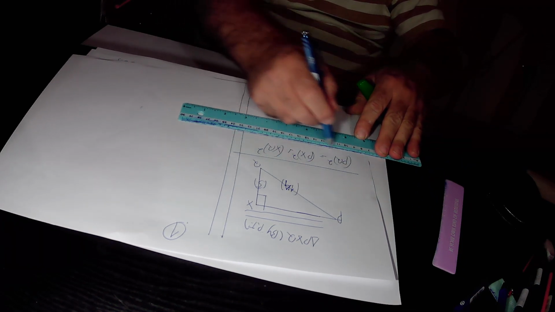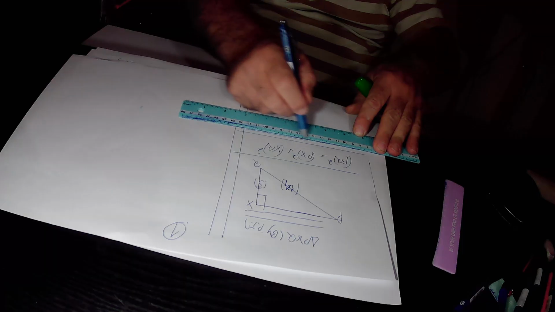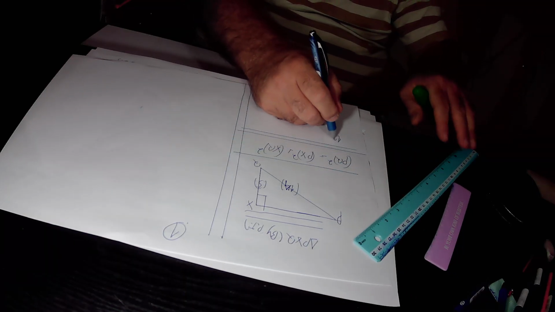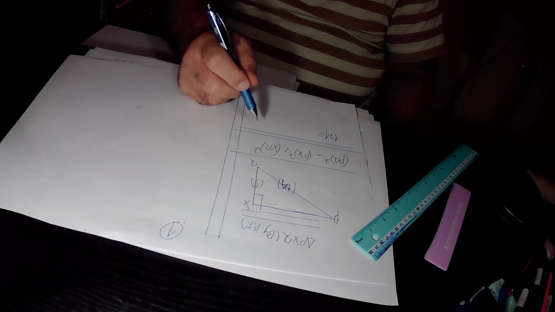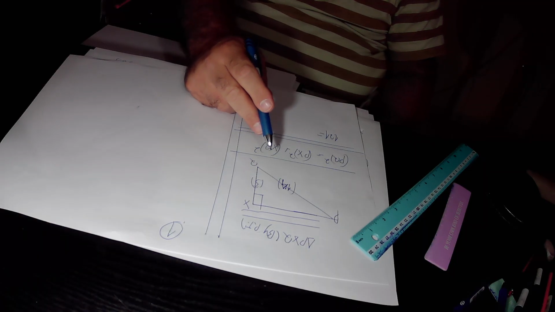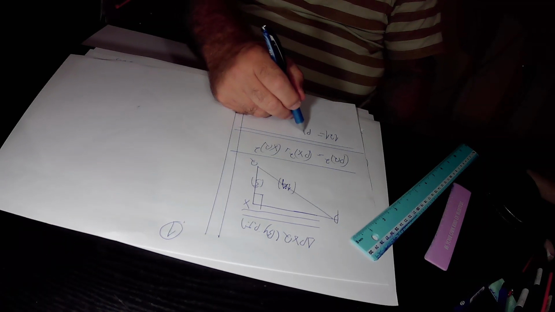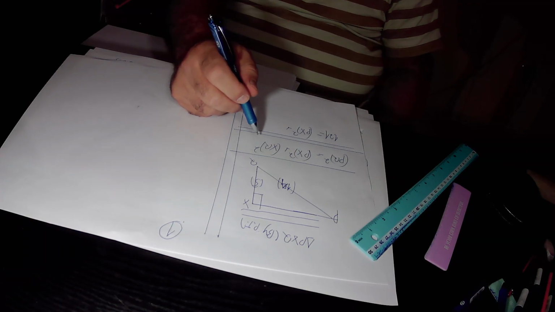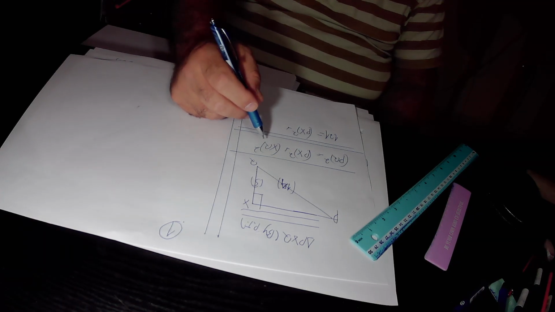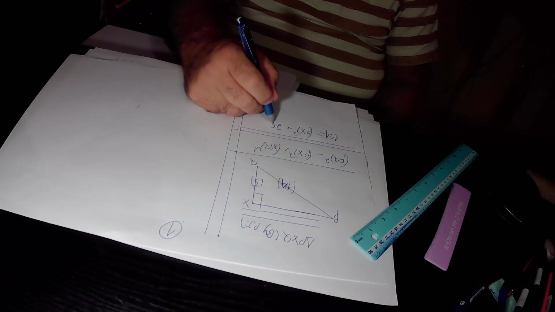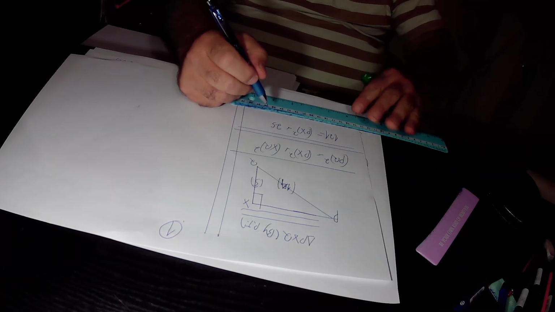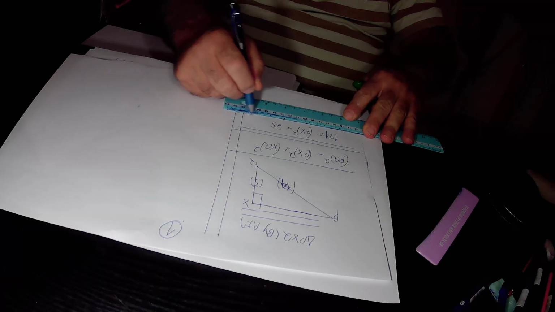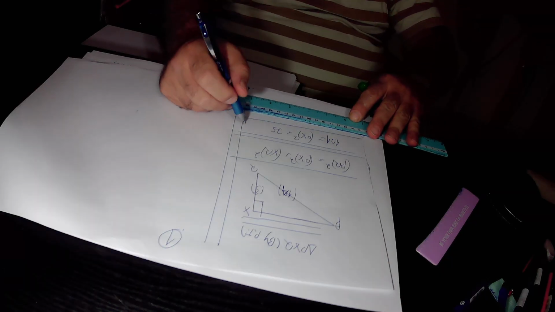PQ is 11, therefore PQ squared is 11 squared, that is 121, and it equals PX squared. PX is the missing side, so we leave it as it is, plus XQ squared. XQ is 5, therefore XQ squared is 25. So 121 equals PX squared plus 25.